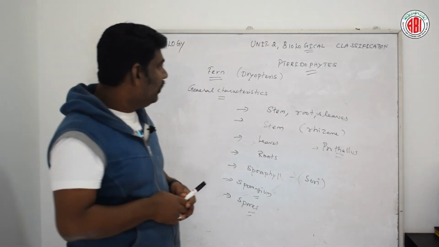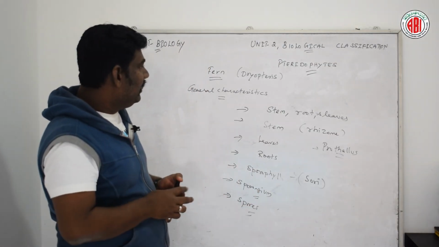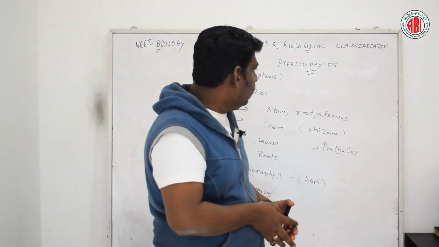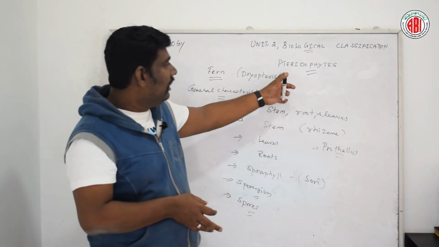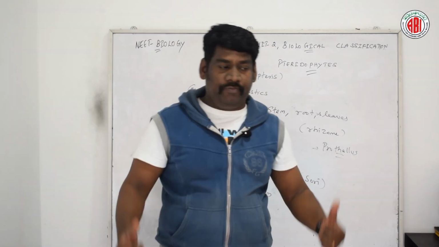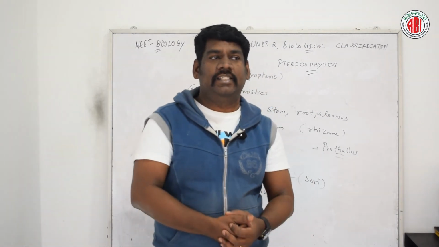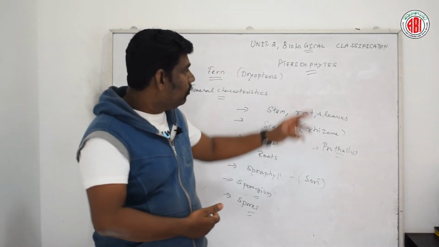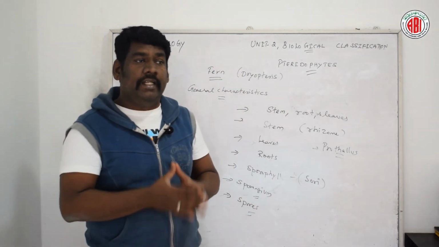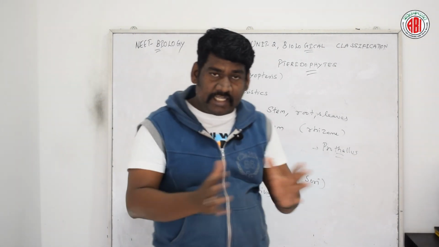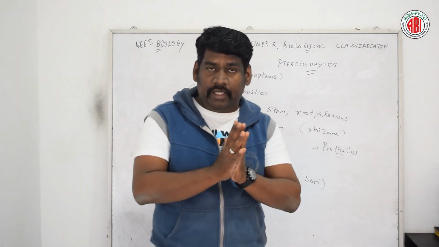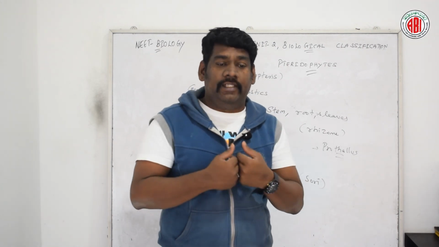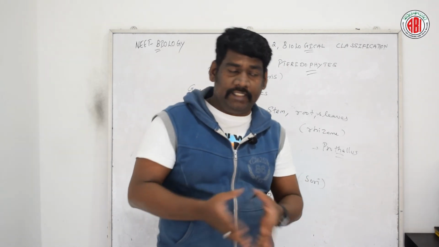So till here we have discussed in detail the entire category of species belonging to Pteridophytes. In that category we have discussed the general characteristic features, reproductive structures, and then fertilization and how it occurs.